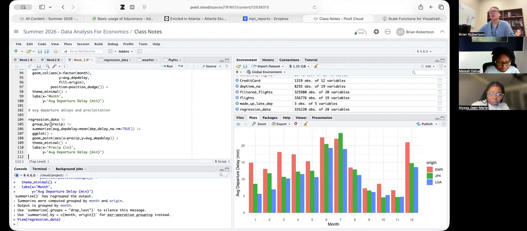Well, because we're using precipitation as our proxy for weather. It's not the case that I'm looking for a one-to-one relation between precipitation and average departure delay. I'm just looking to see, on average, does precipitation have an effect, right?